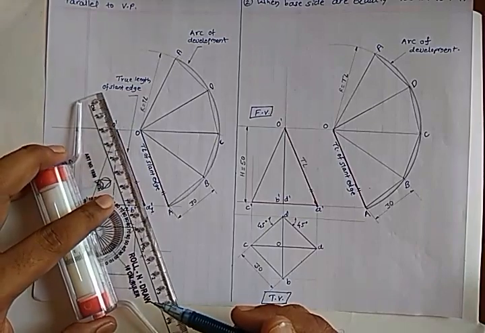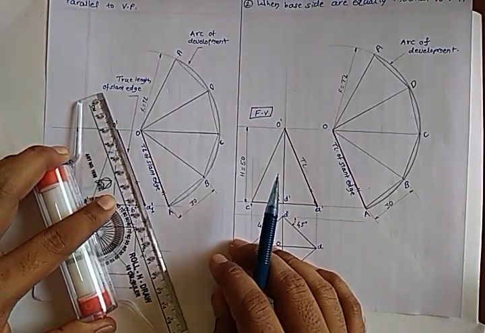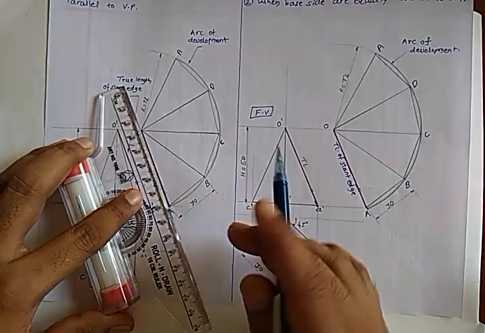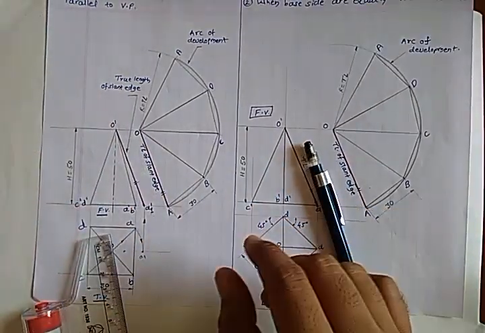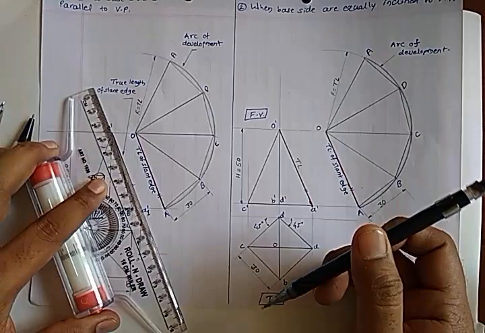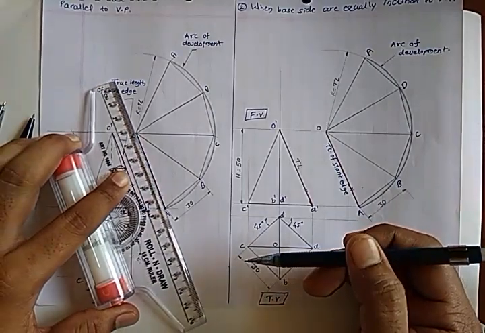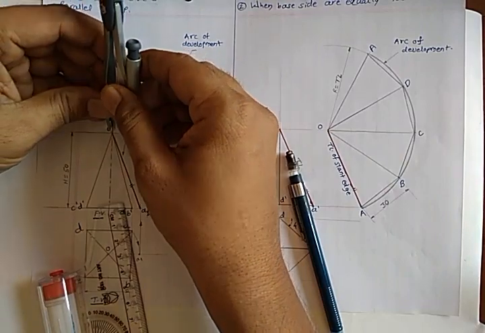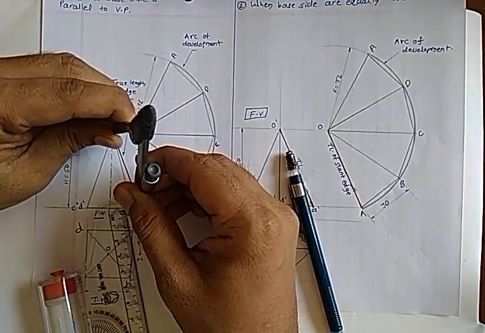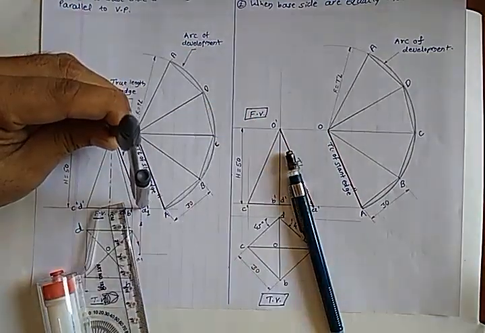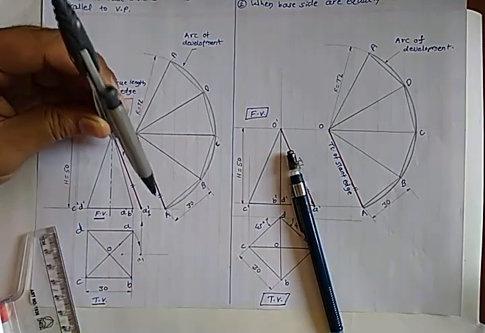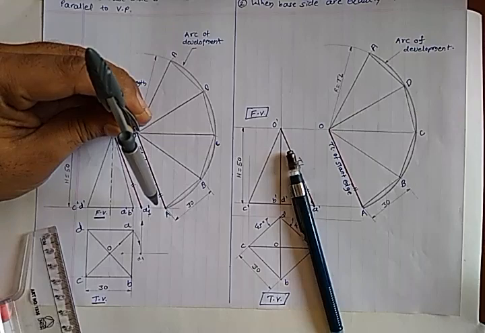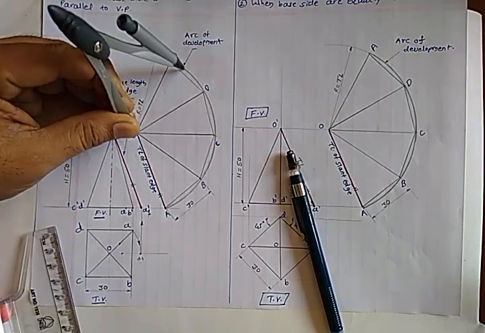Here it is, the red color line. You have to transfer this line here. First draw a parallel line. Then take O dash to A1 dash as a radius. Next take any one point O as a center and draw one arc.